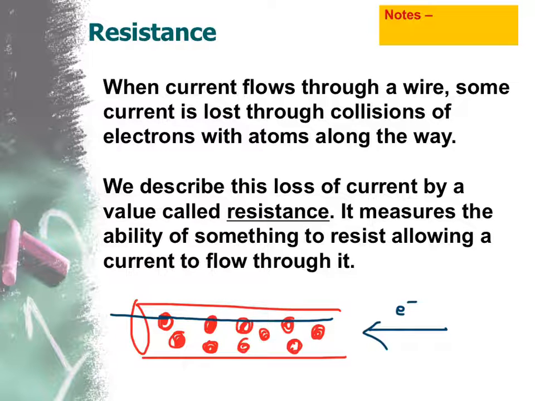And they might get to the other side and say, yay, I made it through. But there are some electrons that interact with an atom and they go smash and they no longer flow. Well, this is resistance. The wire is resisting this current flowing through it. Okay, and there are some things that resist current more than others do.